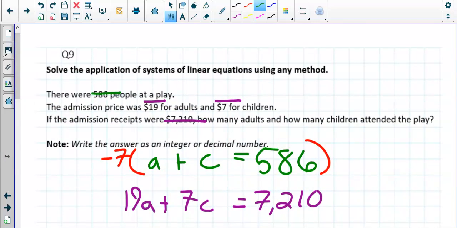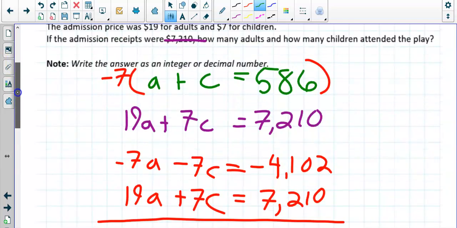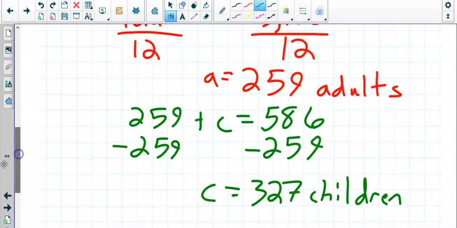Okay? All right. I believe we have one more system problem. What's up? Yes, I can definitely scroll back down. There you go. All good?